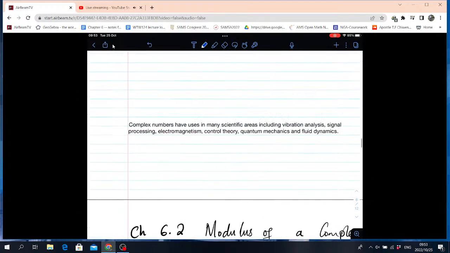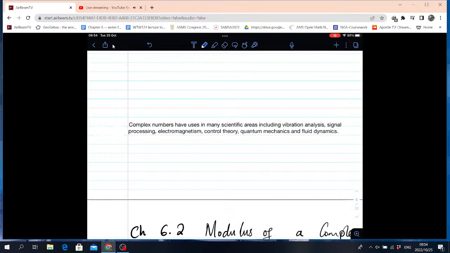Before we do that, maybe just something to note: when we started, we motivated by saying that complex numbers give us solutions to some quadratic equations. In fact, it will go further than just quadratic equations. It turns out that they've got many uses in maths, applied maths and engineering.